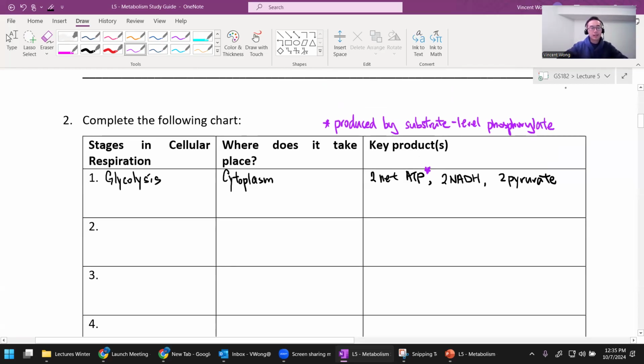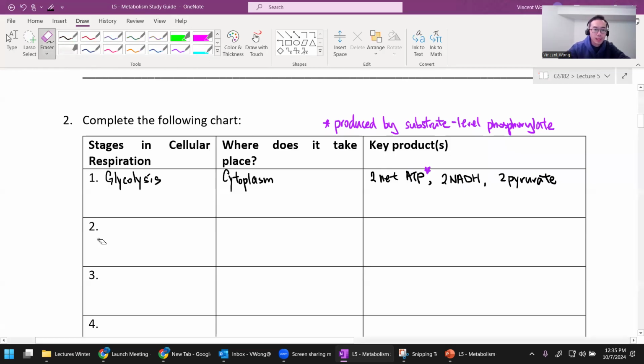That is the method where an enzyme comes along and it will transfer a phosphate from a donor, from a fuel molecule, onto ADP. And in the process, you produce ATP. This is not the most common way of making ATP. Only 11% of the ATPs are produced this way. So that's glycolysis.